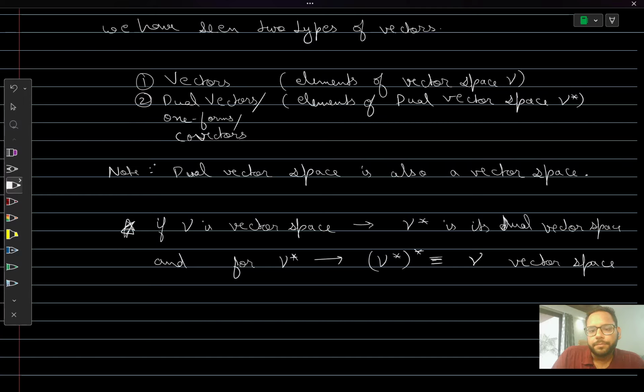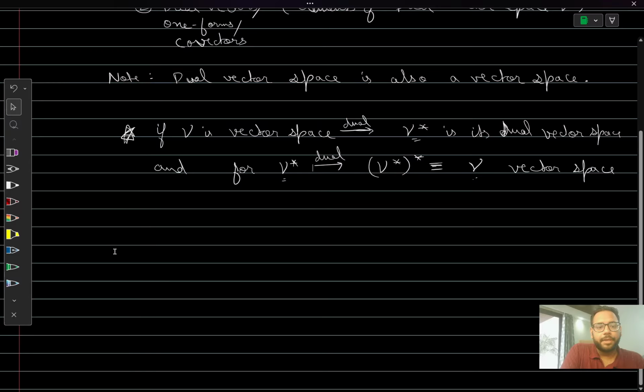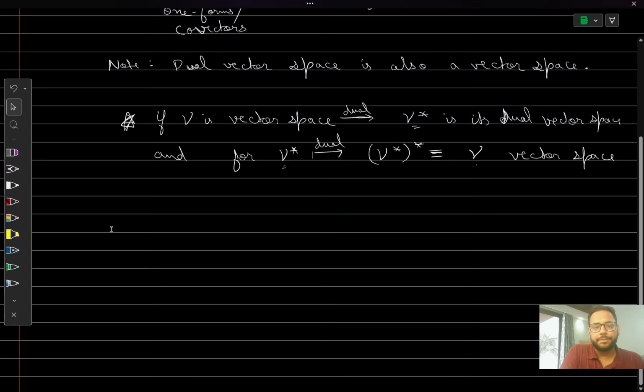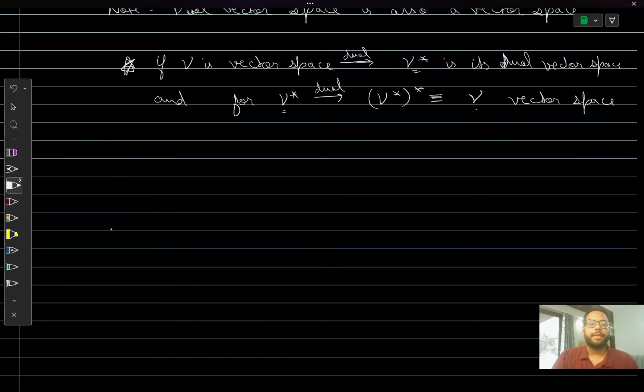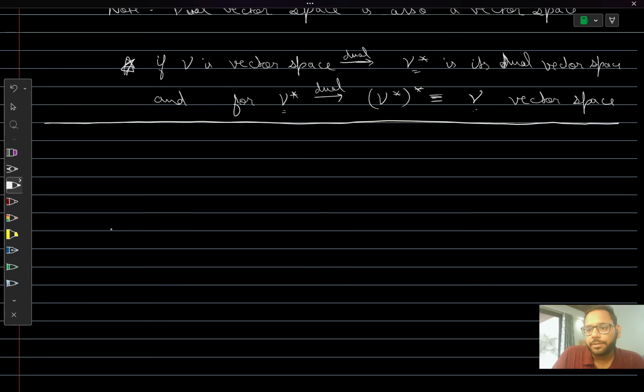So the dual of this vector space is denoted as this, and you can say this vector space is also the dual vector space of this vector space. So you can call them vice versa as dual vector space. So dual vectors are also vectors, they are just dual to the original vector space.